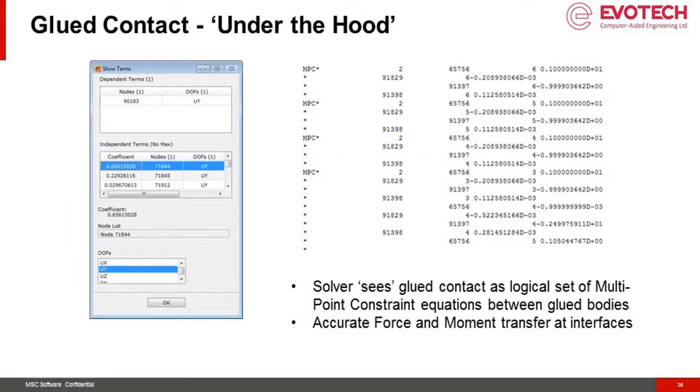The way that Apex works, or the glue contact works, is that the solver, whether it's the internal solver or the external Nastran solver, sees the glue contact as a logical set of multi-point constraint, or MPC, equations between glued bodies, and that allows accurate force and moment transfer at the interfaces. It's possible through an external run to convert glued contact into those multi-point constraint forms, as shown in the Nastran deck definition on the slide.